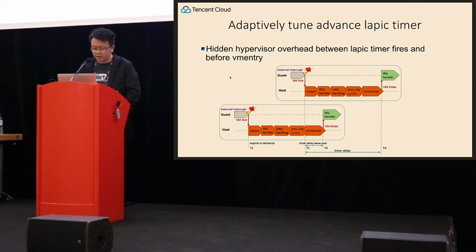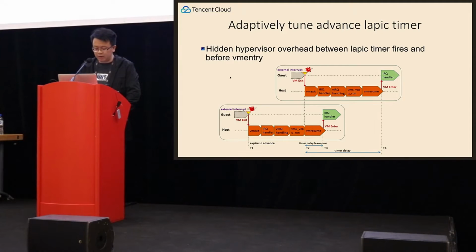For example, in this diagram, the emulated timer fires at time T2. But we go a long way in the hypervisor before injecting the timer interrupt to the VM at time T4. The guest can perceive such timer delay between T2 and T4.